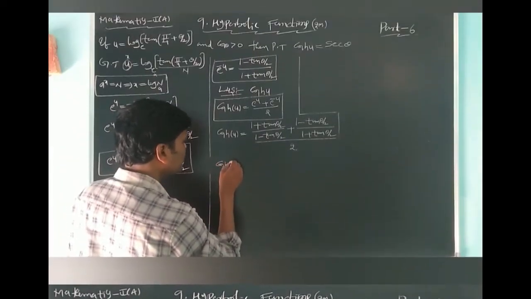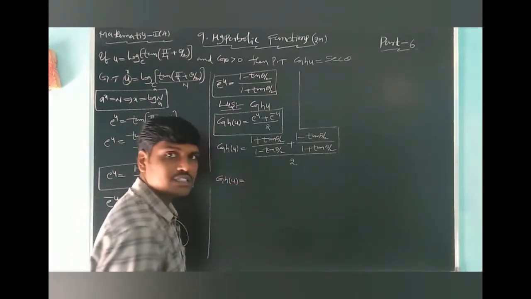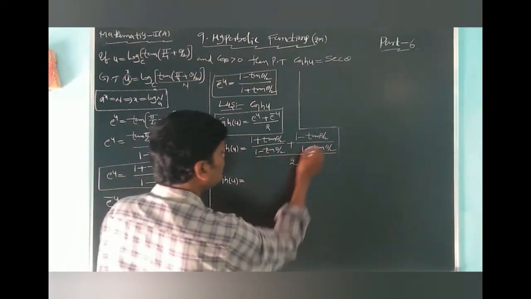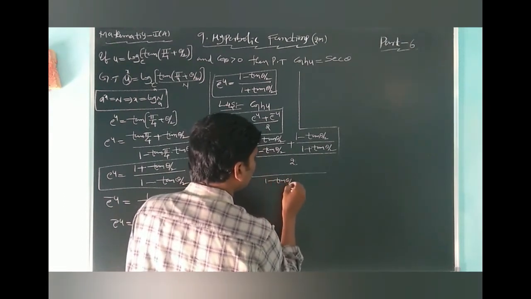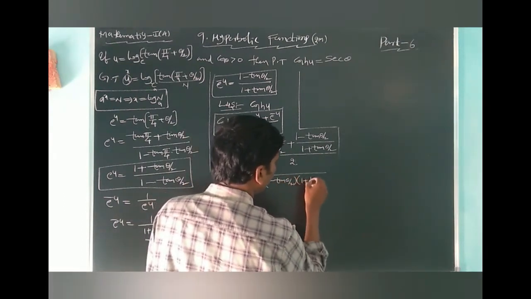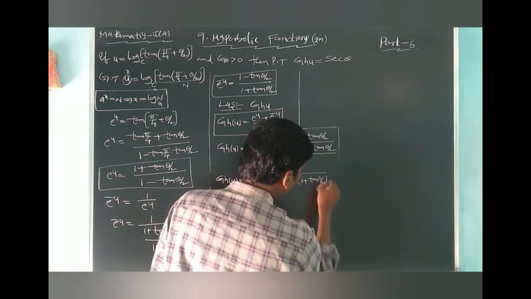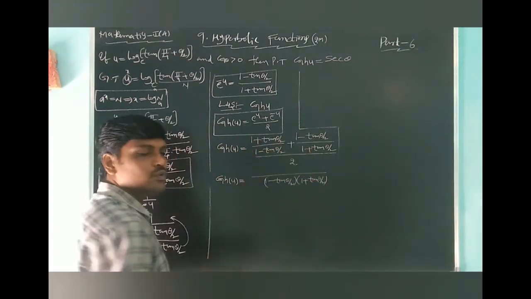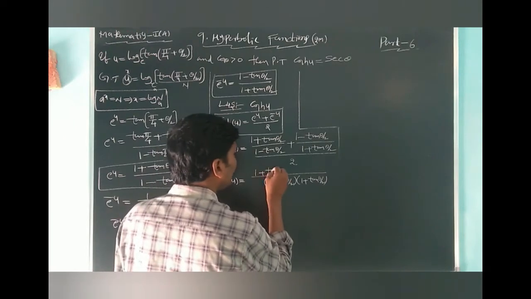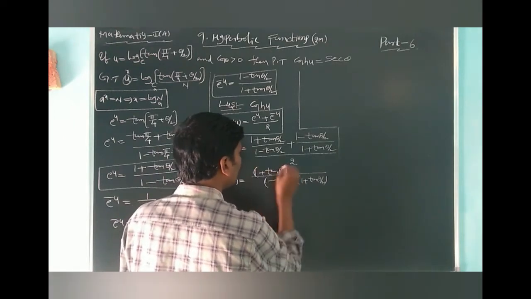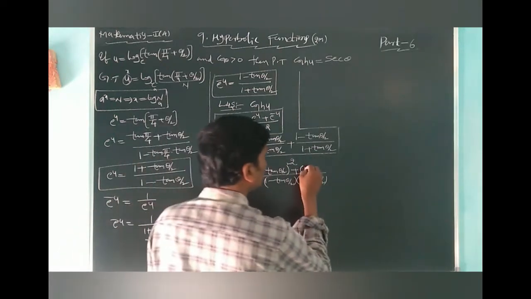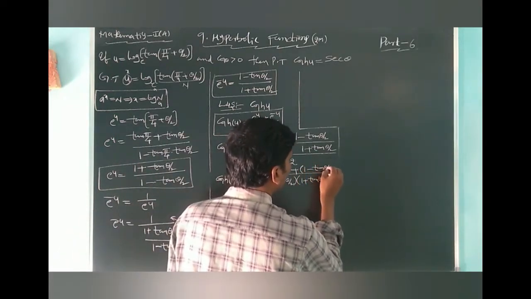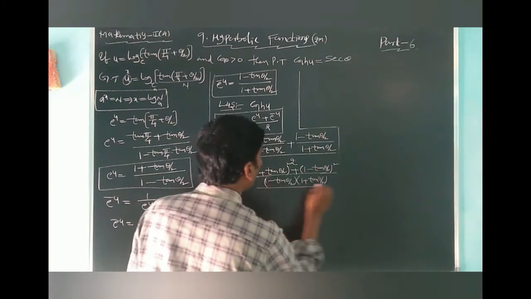Cosh u equals, you have to take the LCM: 1 minus tan theta by 2 into 1 plus tan theta by 2. You can write 1 plus tan theta by 2 whole square plus 1 minus tan theta by 2 whole square, all by 2.